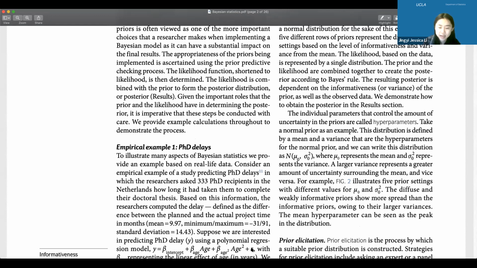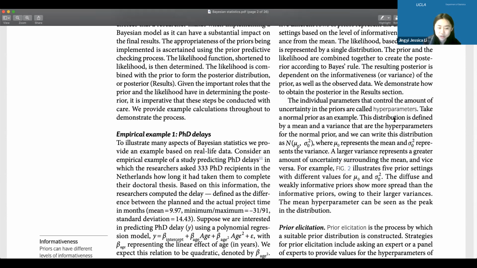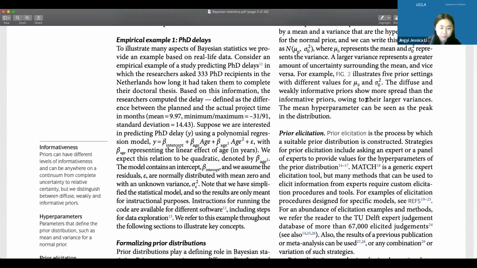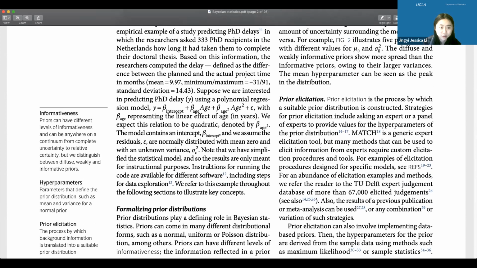With this normal likelihood, if you add a normal prior, they will be conjugate, so the posterior will remain normal. So things will be easy. Here mu 0 and sigma 0 squared are referred to as hyperparameters, which we have just seen.